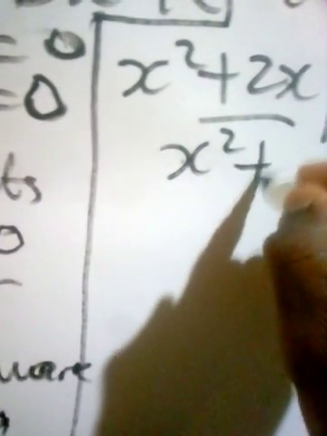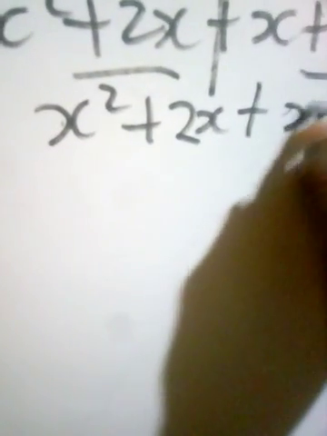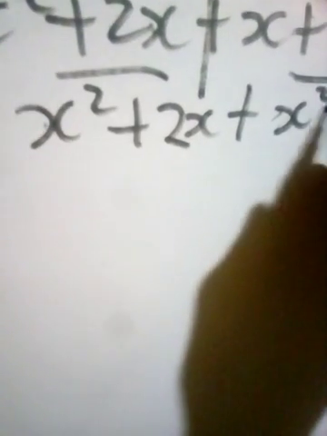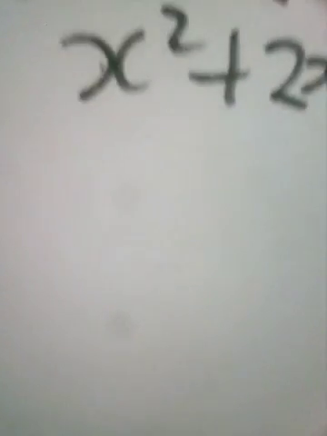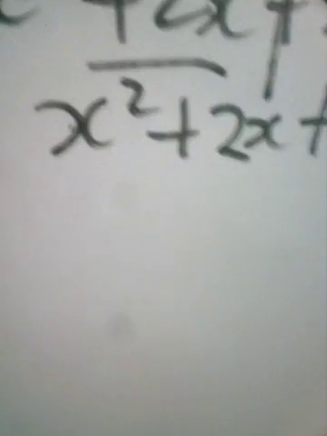Now this side is going to give me x squared plus 2x, plus x plus 2 equals 0. This is the second part. That is separation. Now if I'm factorizing this, the common thing among all of them is 2 and x.